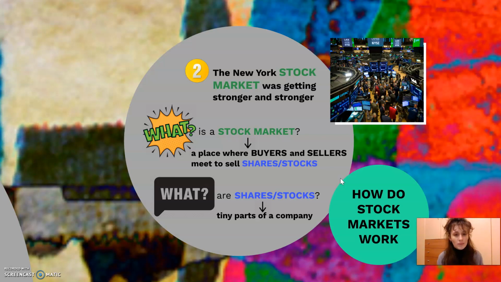And one of you might ask, what the hell is a stock market? Okay, a stock market is a place where buyers and sellers meet to sell shares and stocks. What are shares and stocks? Shares and stocks are tiny parts of a company.